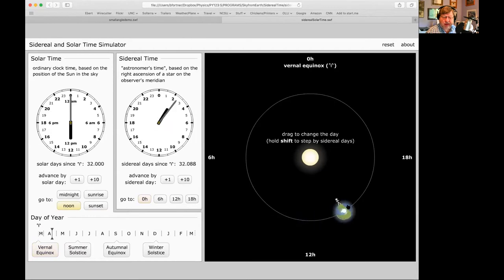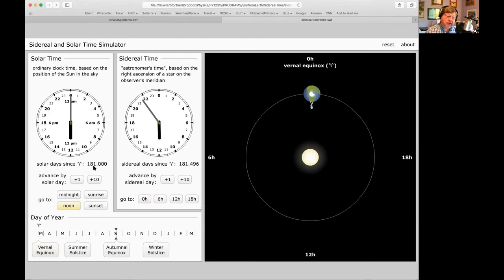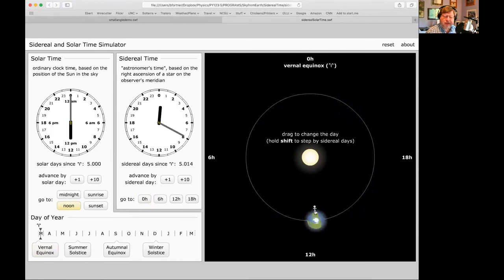And if we take it all the way around, we've gone 181 solar days and 181.5 sidereal days. And if we go all the way around, then we get to 366. Okay. So again, solar is sun to sun, sidereal is star to star. Questions? So let's go back.